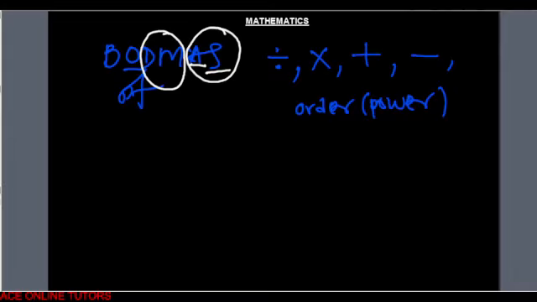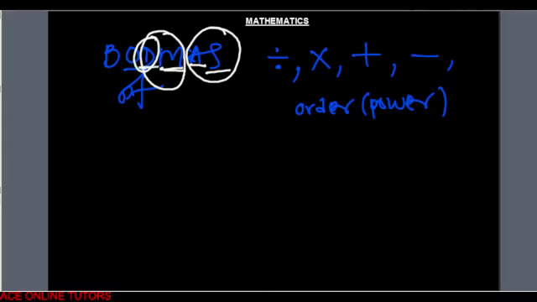Now there is something very important that we must know, which is how they use division in mathematics. Division can change to multiplication in math, and multiplication can also change to division.